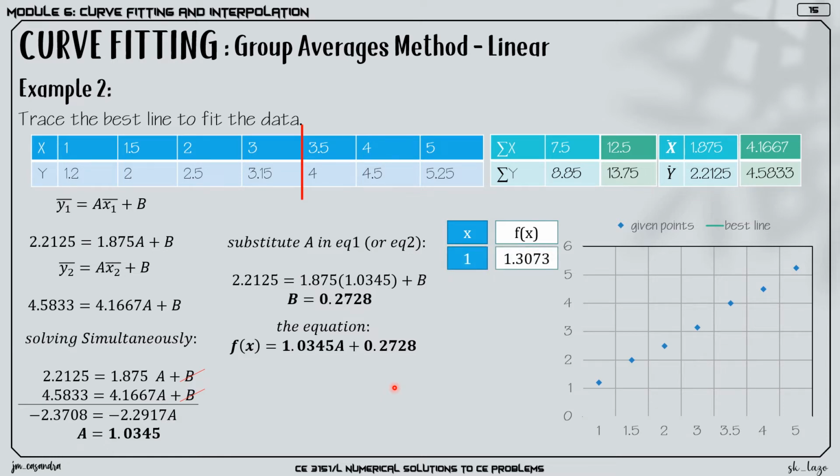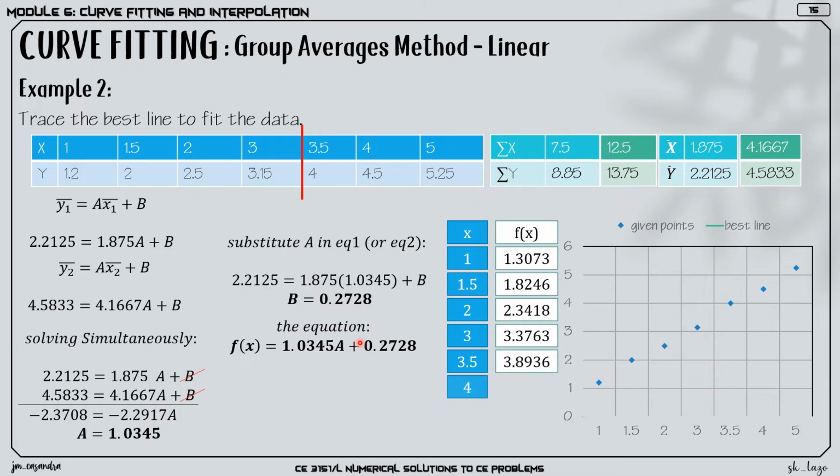So we have 1.373, then 1.5, 2, 3, 4, 3.5, 4, and 5. So using now these values, we'll now be able to see what our line should be.